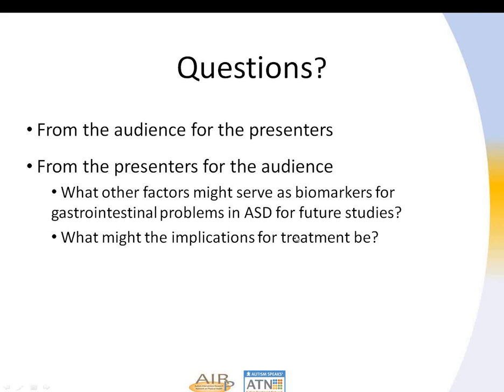So I can say, and I know maybe it was part of posing that question, but one of the things I wasn't sure I'd have time to talk about is the polymorphism in the MET gene that Pat Levitt's group has looked at quite extensively in relation to gut function.